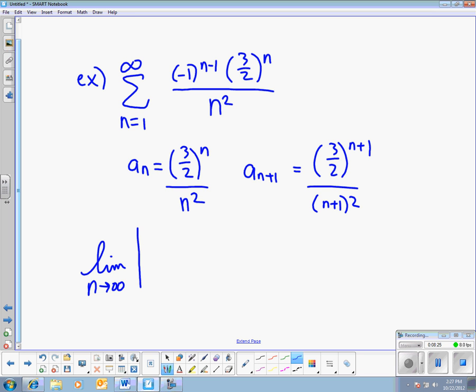You just make them all positive. So those absolute values mean ignore the negatives. My limit is the a sub n plus 1 formula on top, and on the bottom is the current formula, just the regular formula that was given in the problem.